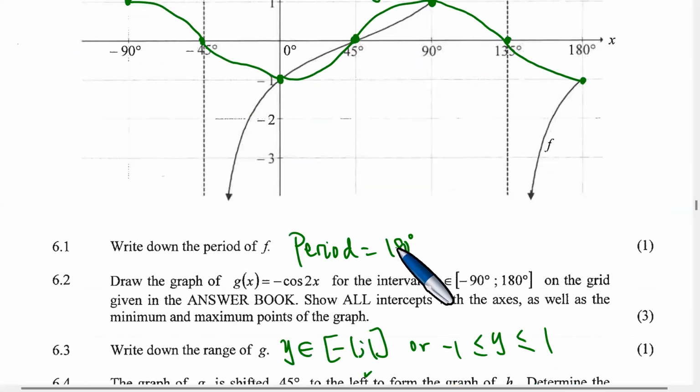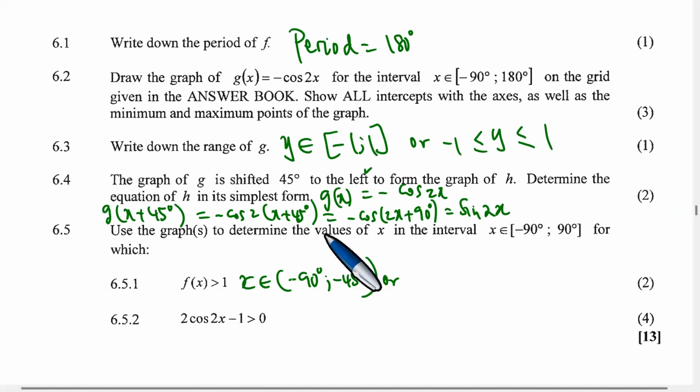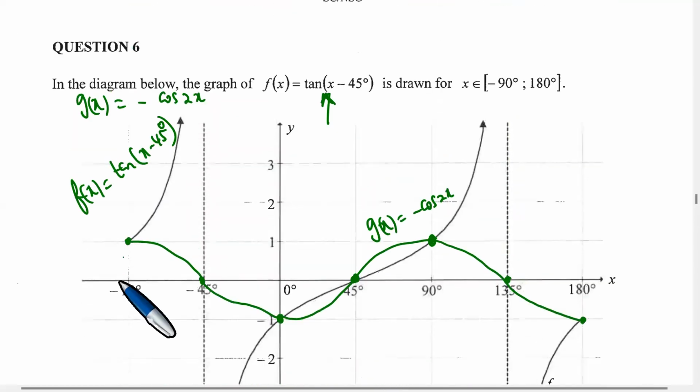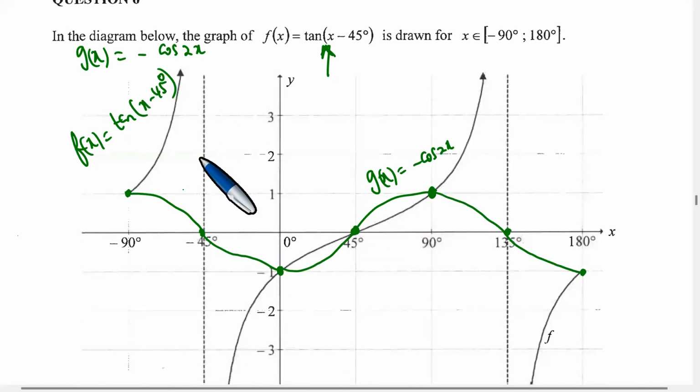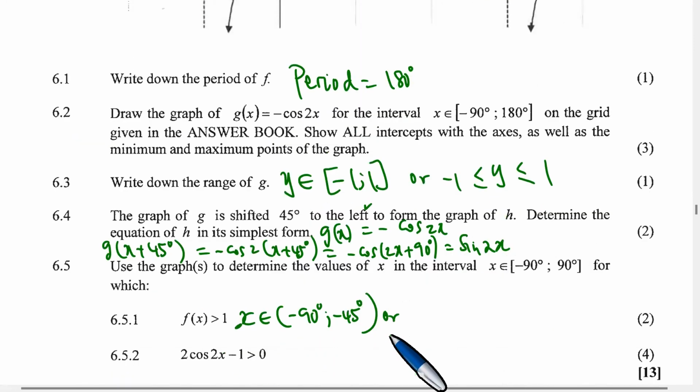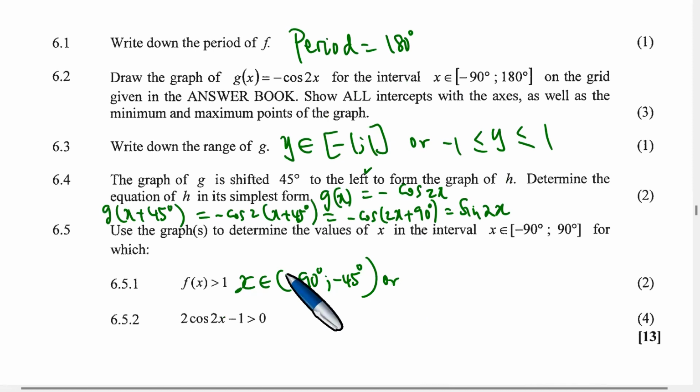Next. We can write like this, that obviously from -90 to -45, the f function is going up, so it's above 1. But at minus 45, it's undefined. So we write open bracket like this.